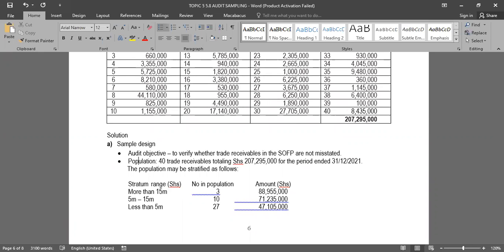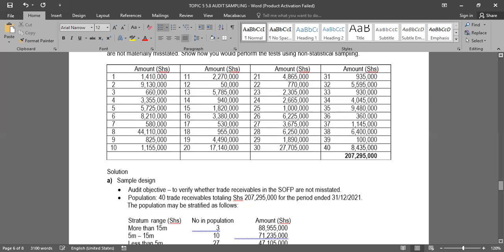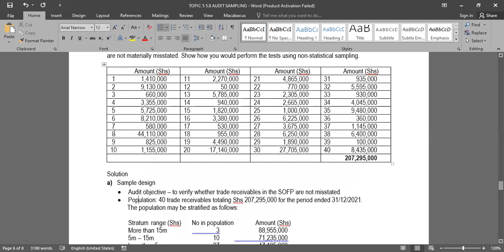We have the 8, which is 44, the one of 20, which is 17 million, and the one of 30, which is 27 million. So there were only three.